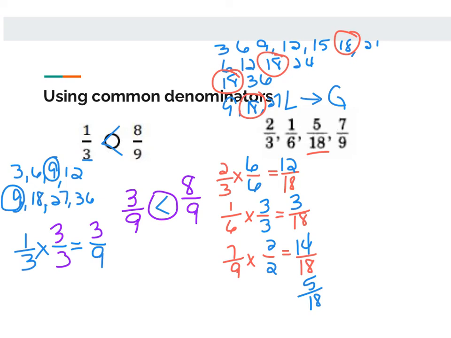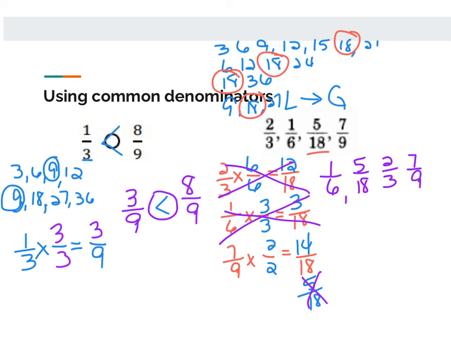So I'm going to write it originally. So I'm going to go ahead and put 1/6. So we got that one. Then it's 5. The original is 5/18. Okay. Then it's 12, which was 2/3. And then the last one would be 14, which is 7/9. And there, we found our answer, least to greatest.